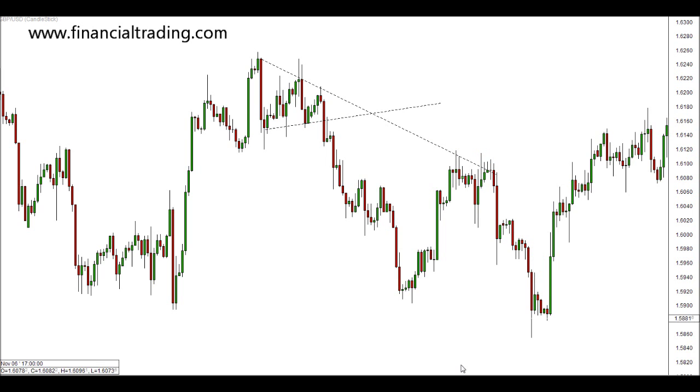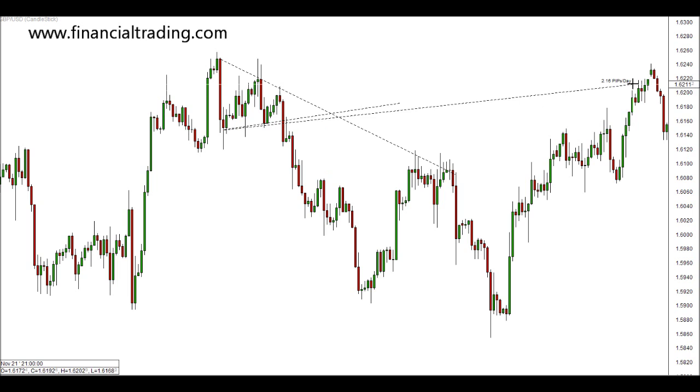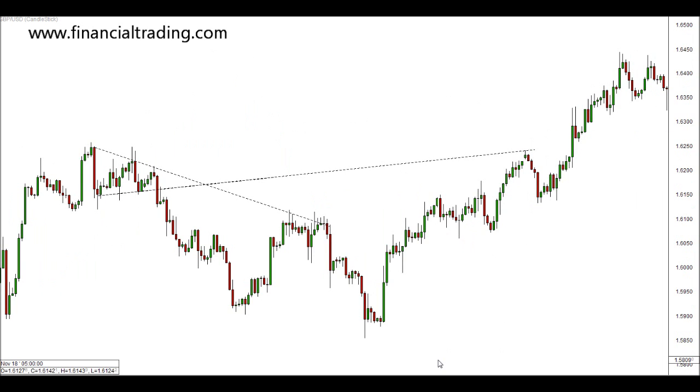If we were to extend this support, you'll notice when the support turns resistance and price reaches this resistance, again in future, price is rejected.